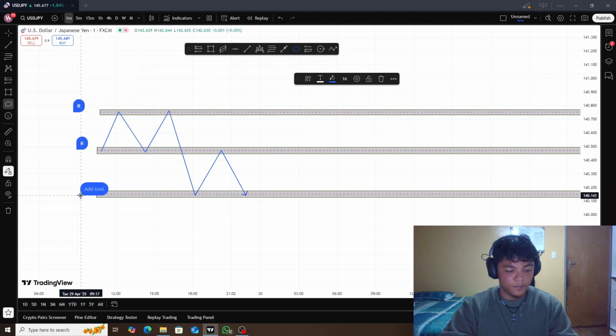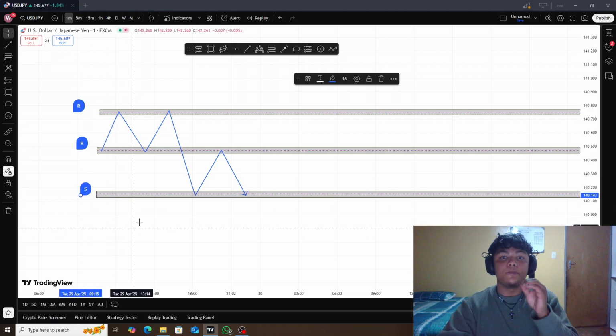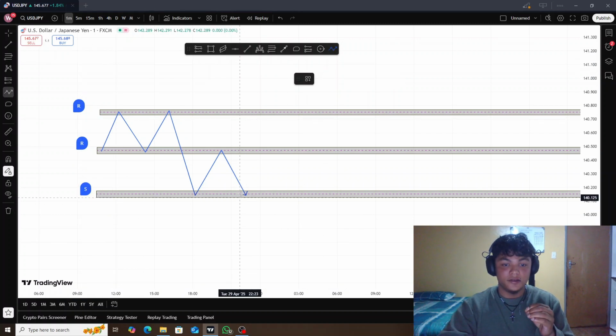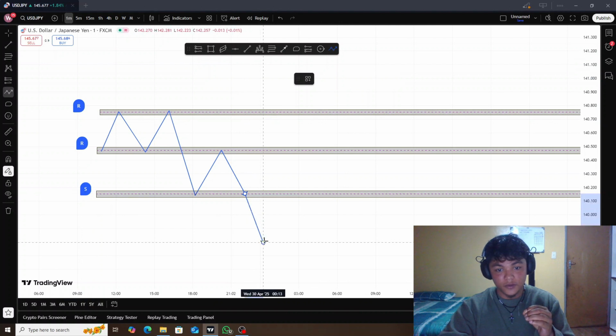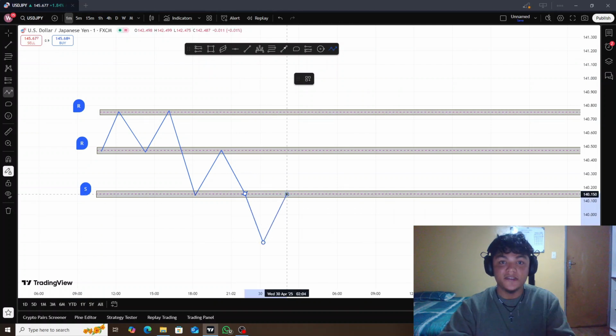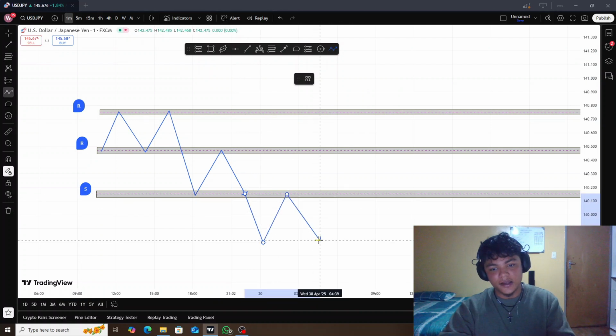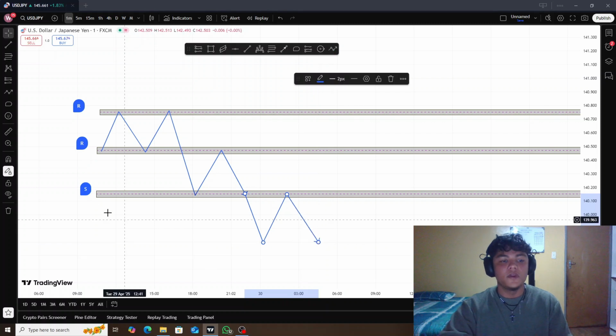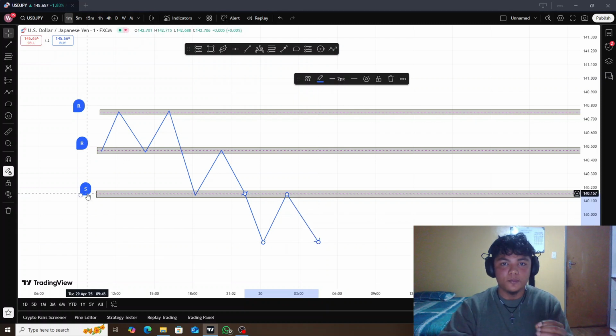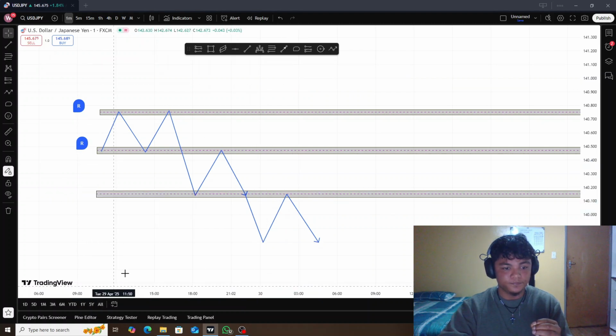This would be support. And now the market decides it's going to break the new support as well. Goes down, shoots up to retest the new support, goes back down. This won't be called support anymore. This will be the resistance.